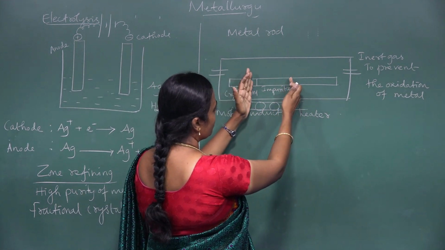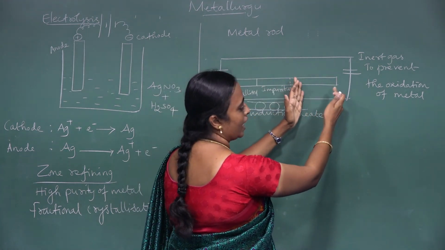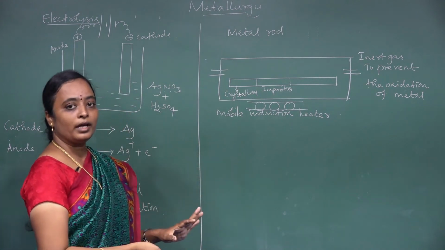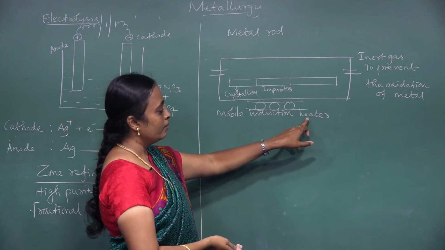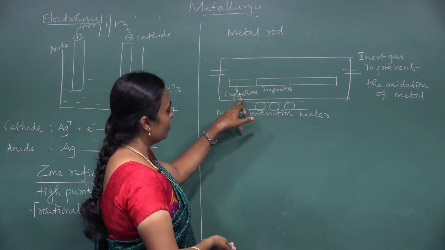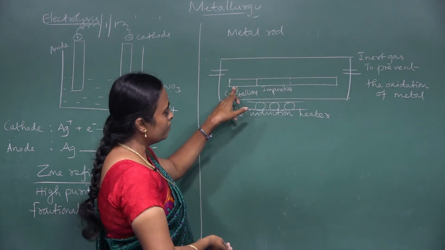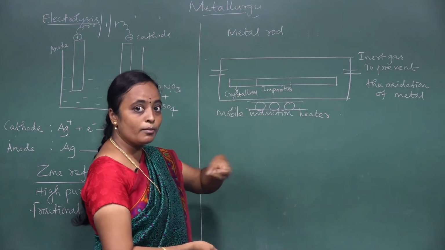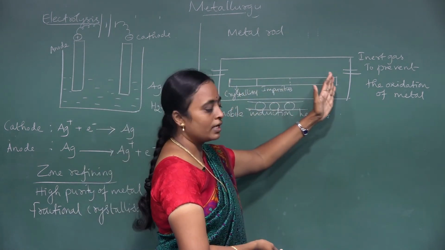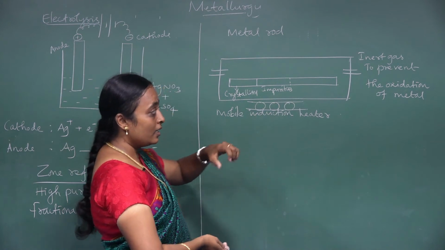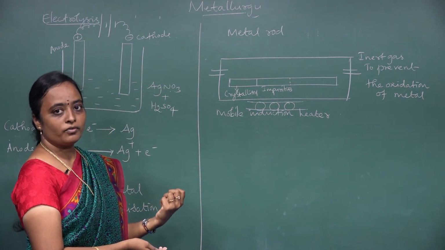The pure form solidifies and crystallizes, and the impurities move to the other end. In this way, by moving the induction heater, we can purify the metal from the impure metal. All the impurities are present in the molten zone only, and they move to the other end. By repeating this process several times, we can get the pure form of a metal.